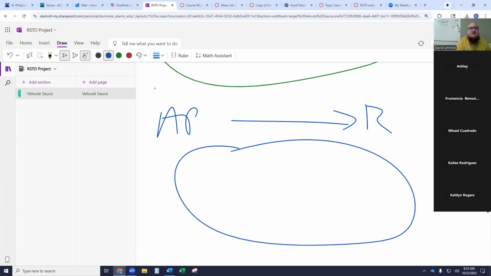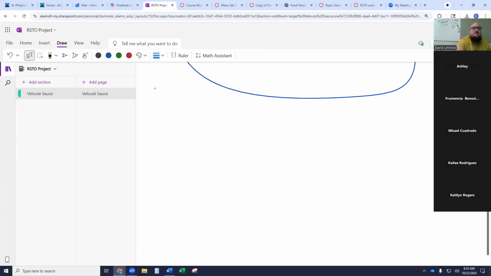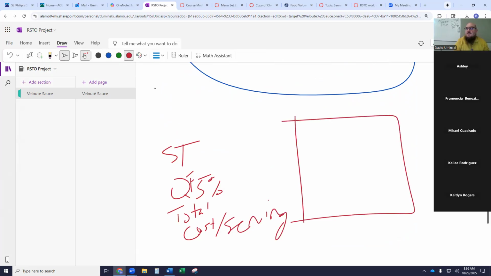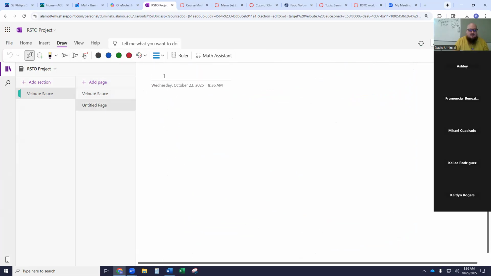And then at the very end of your recipe, you would do the subtotal, Q factor, that 5% Q factor, total, and then cost per serving. I know that I have all of those answers right there. And then when I'm done, I add a page, and now I do broccoli soup.